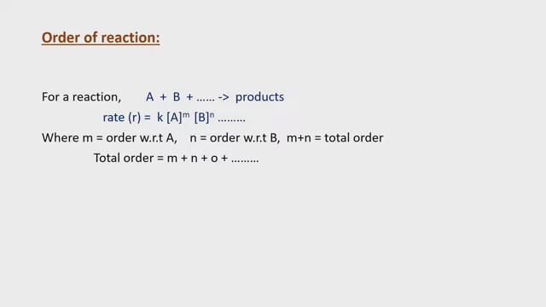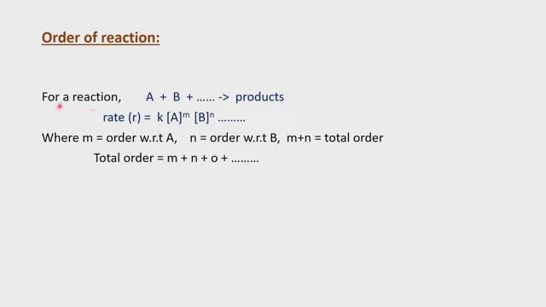Next one, order of a reaction. In the last class, we have learned how to write the rate equation or rate law for a given reaction. Again, we are going to discuss the same thing. Okay. Dear students, look here.